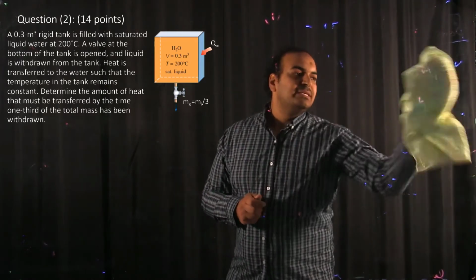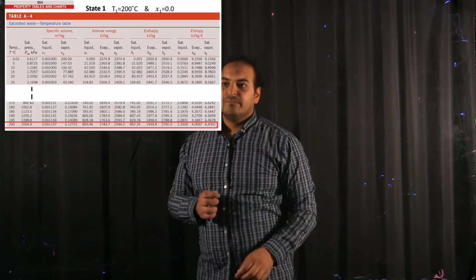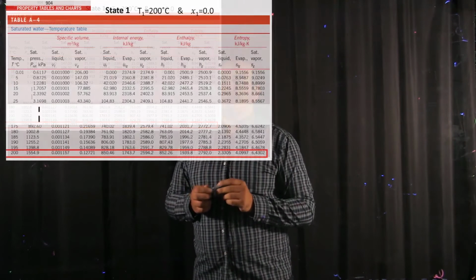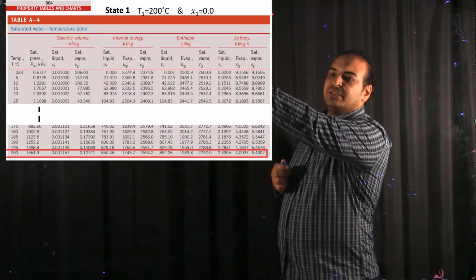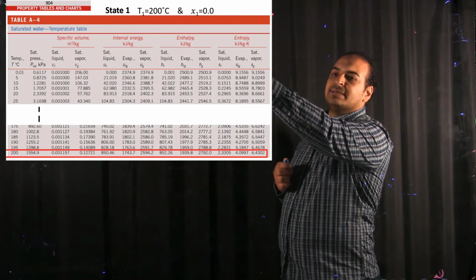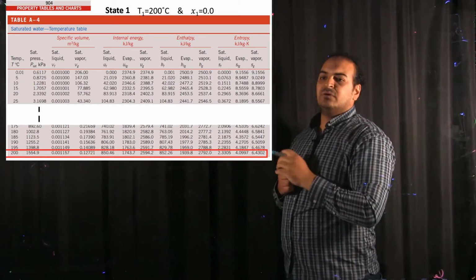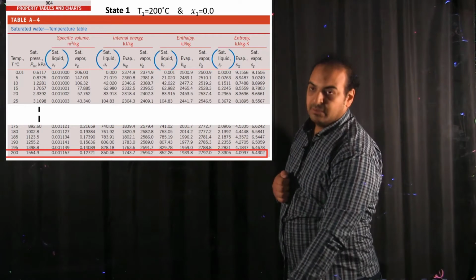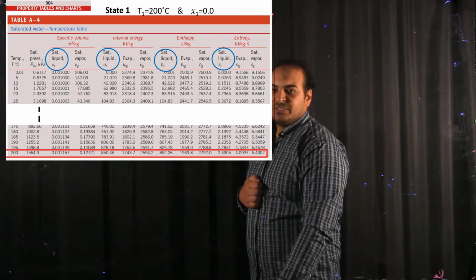So let's look at these in the table. This is the table here. This is state 1. You have the temperature T1, you have the X1. You can get the temperature 200, table A4. Because X equals 0, only look at subscript F, which is liquid.